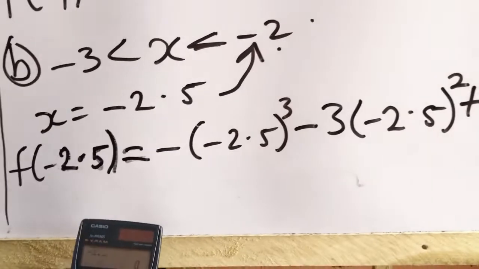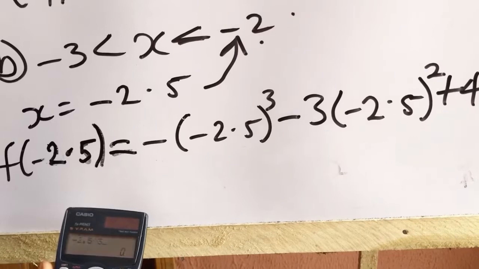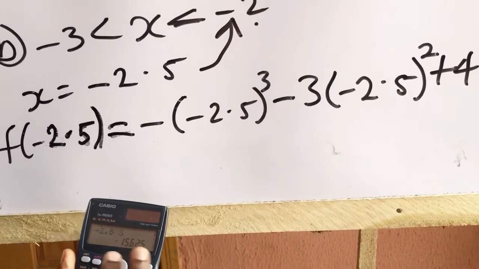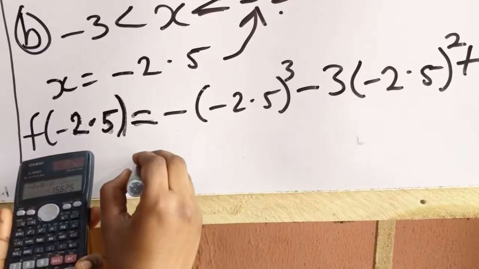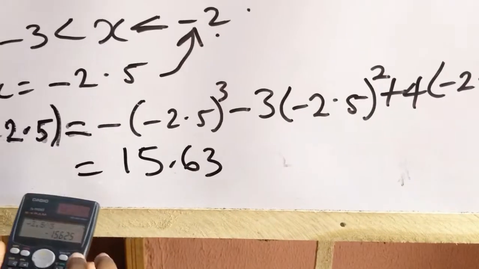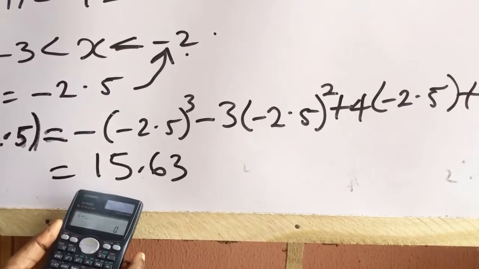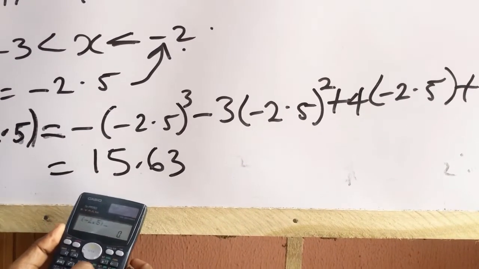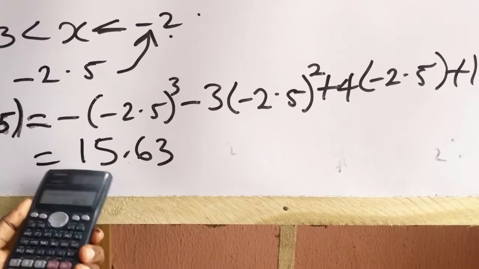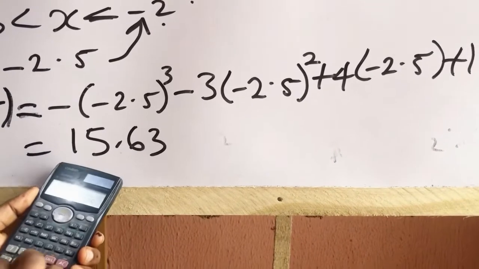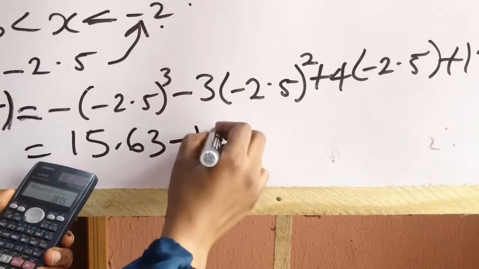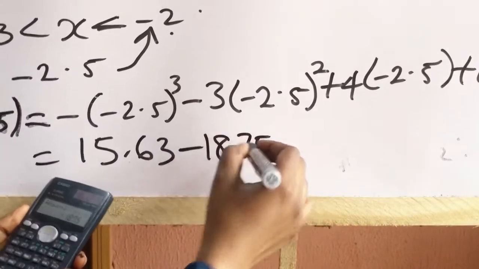Minus 2.5 cubed is equal to minus 15.63, multiplied by minus gives 15.63. Then minus 2.5 squared is equal to 6.25. Then multiplied by minus 3 is equal to minus 18.75.